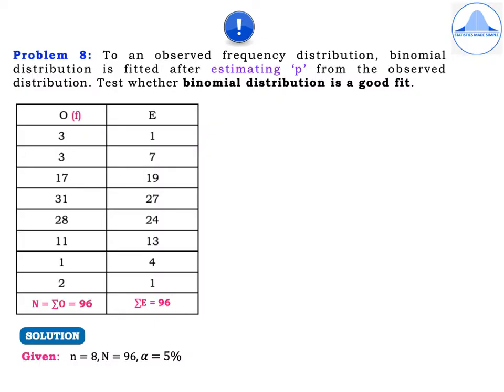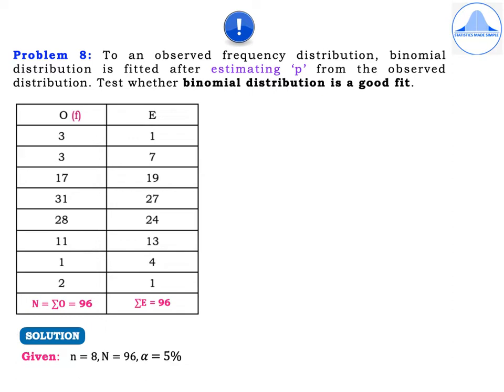Problem 8. To an observed frequency distribution, binomial distribution is fitted after estimating p from the observed distribution. Test whether binomial distribution is a good fit. So given to us is a table which has the observed frequencies and the expected frequencies.